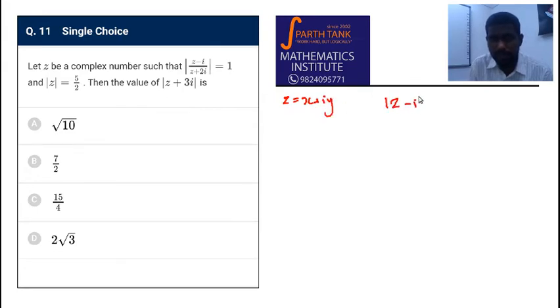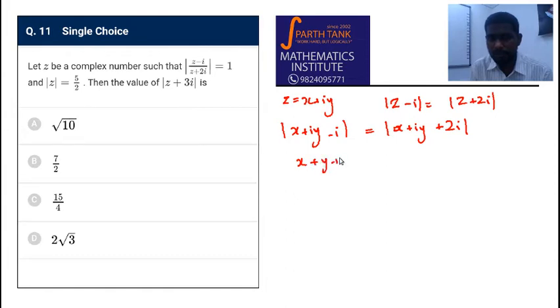What we have is mod z minus i is equal to mod z plus 2i. So substituting it here, x plus iy minus i under mod is x plus iy plus 2i. So this becomes x plus y minus 1 is x plus y plus 2.